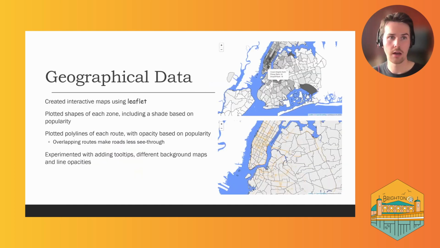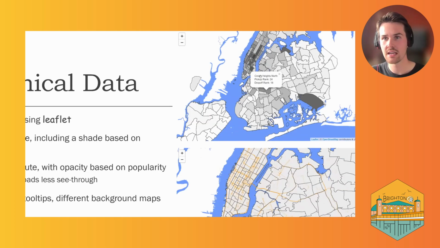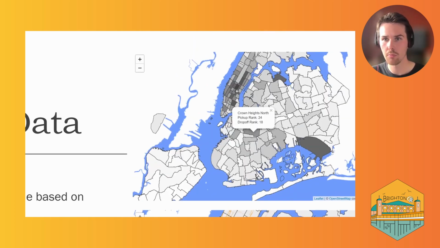So moving on, the more interesting visuals are really these geographical ones. I've created these interactive maps using Leaflet. The first thing I did was plot the shapes of each of the zones that we downloaded from the website earlier, and then change the shade of those zones based on the popularity. So you can see here that the darker zones are more popular, and this big one down here, I believe, is an airport.